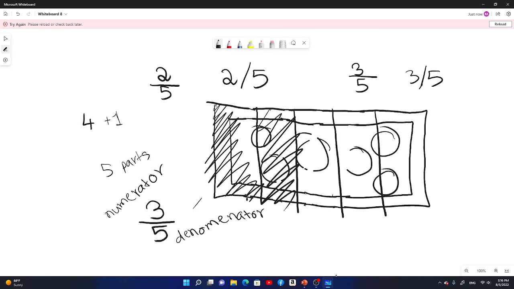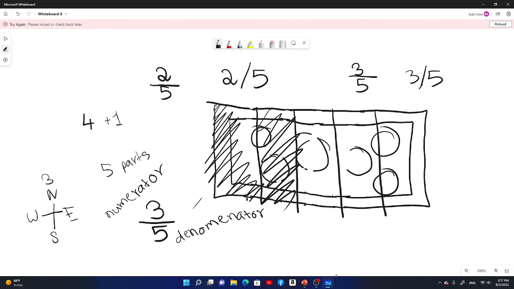So, how do you remember which one is which? Well, I have a way. You all know our 4 directions, north, south, east, and west. So, if we put this like this, 3 is in the north.